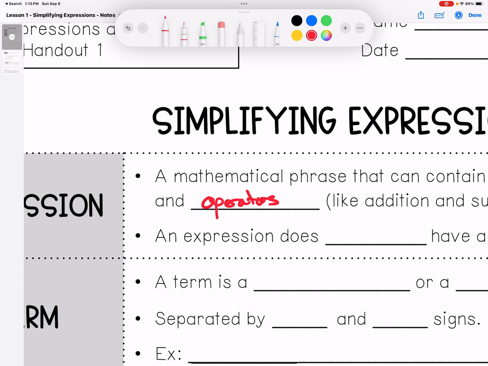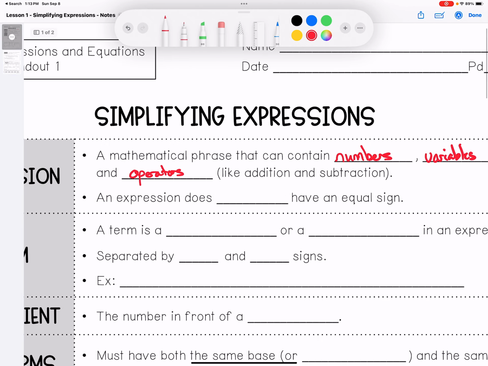Operators are like the addition, subtraction stuff. So it can have numbers, variables, and operators. An expression, this is very important, please understand this, does not have an equal sign. Does not. There is no equal sign if it's an expression.